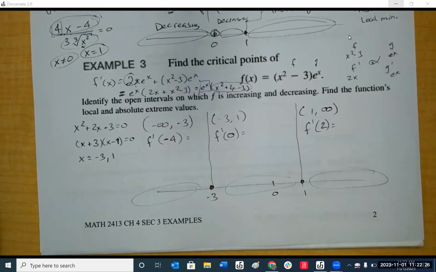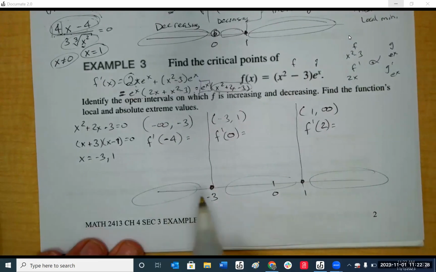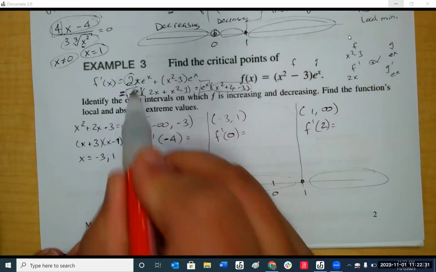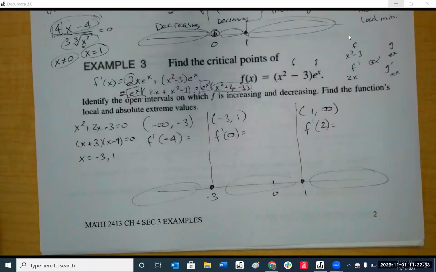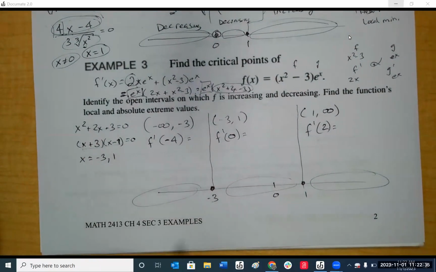Again, all we need to know are the signs. Is it increasing or decreasing? The e to the x can never be negative, so we don't have to worry about that. We just worry about these factors here.